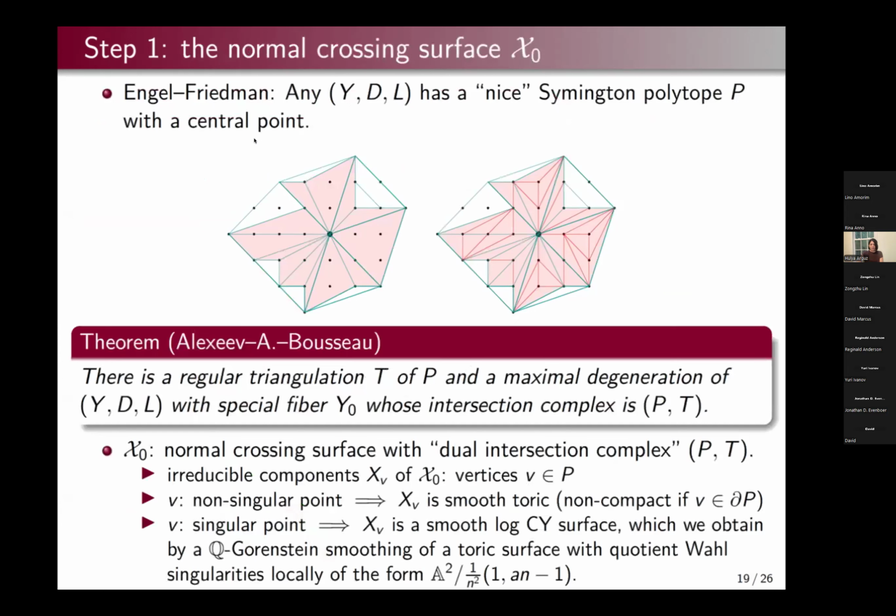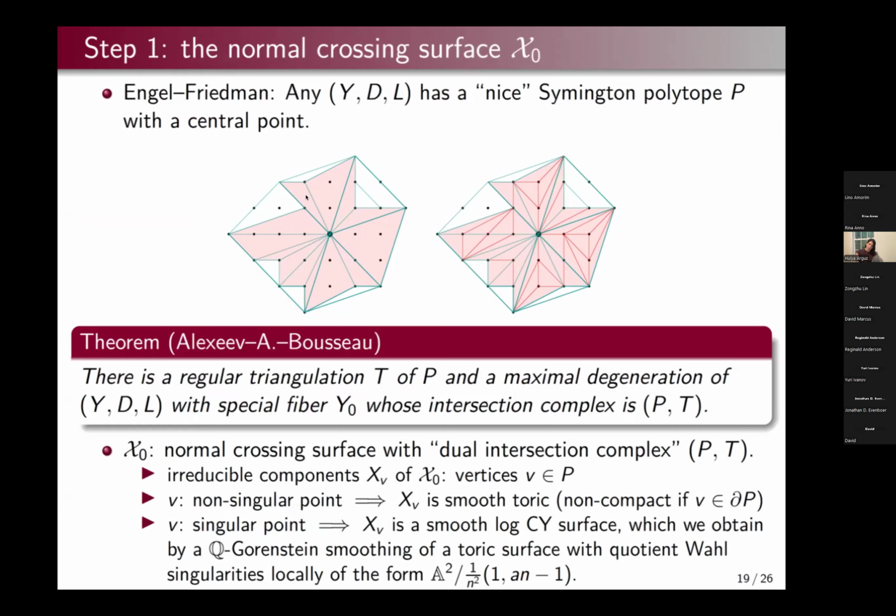By the previous results of Engel and Friedman, any log Calabi-Yau surface has a Symington polytope, and you can obtain the Symington polytope so that it looks nice, in the sense that there's a central point inside it, and you can join the central point to the vertices of your polygon.